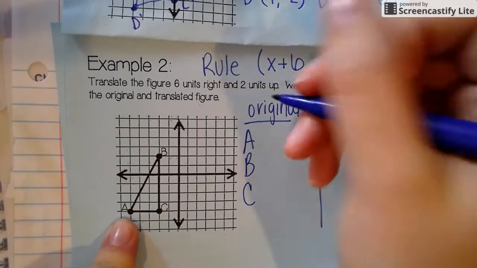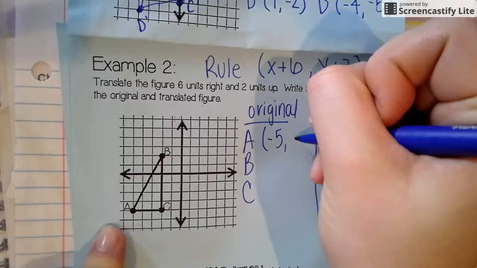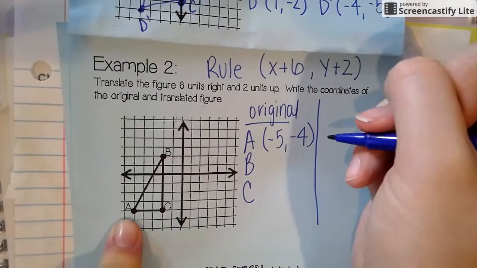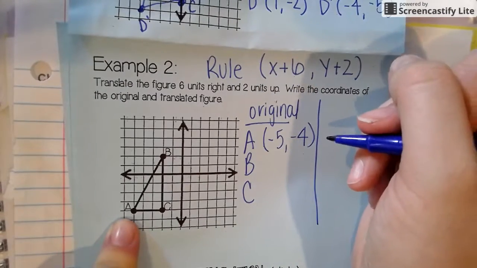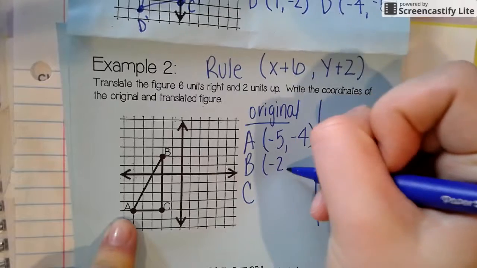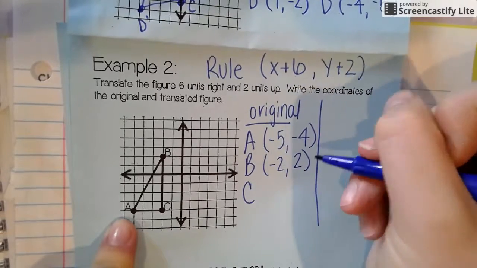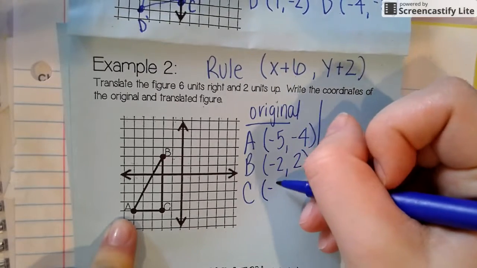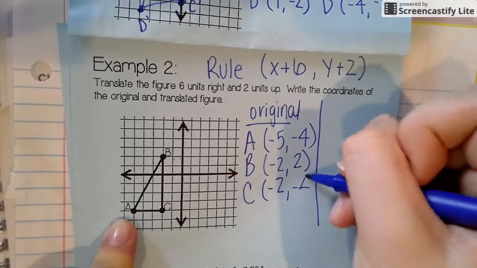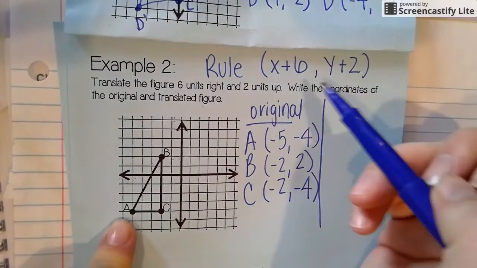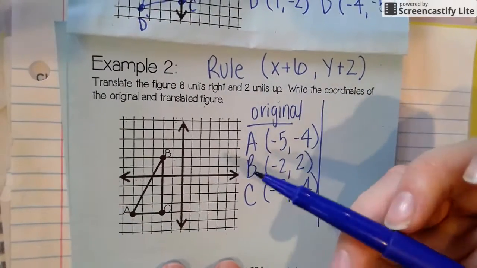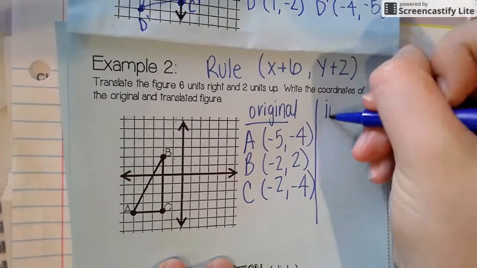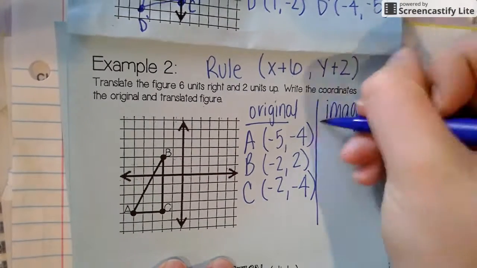My A point is going to be negative 5, negative 4, so I'm just finding where the point is on the graph. B is going to be negative 2, 2, and C is going to be negative 2, negative 4. So now using my rule, I'm going to find my new image after I translate it.